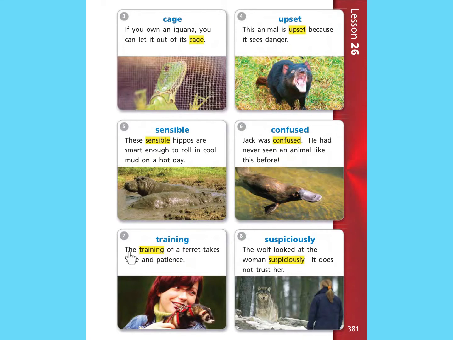Training. The training of a ferret takes time and patience. Suspiciously. The wolf looked at the woman suspiciously. It does not trust her.